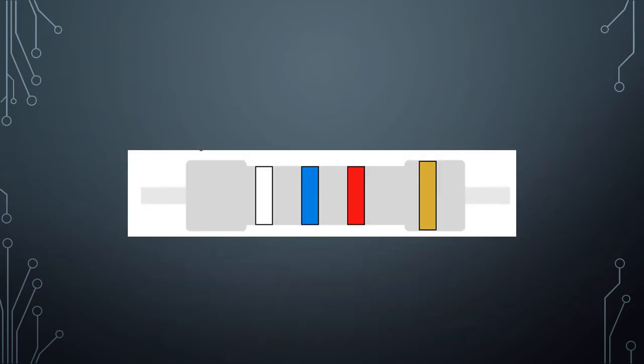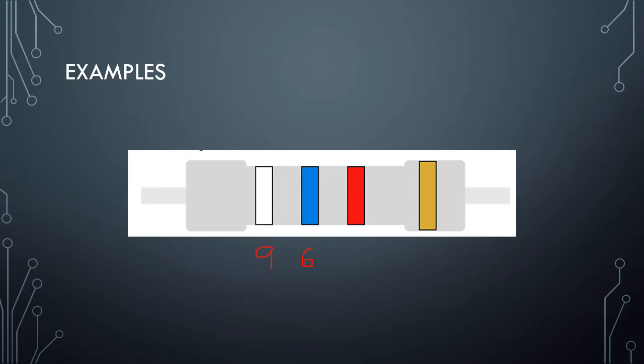So for our first example, we have the color white, color blue, color red, and our tolerance is gold. Our color white, as you can see in our resistor color code, is designated as the value 9. And our color blue is designated as the digit 6.